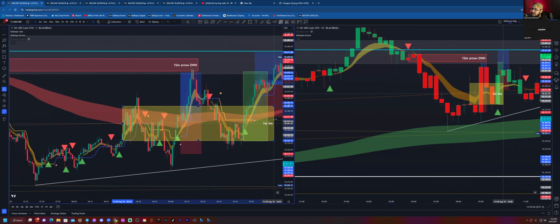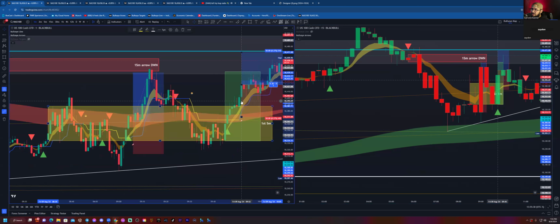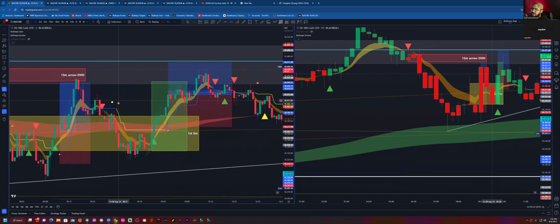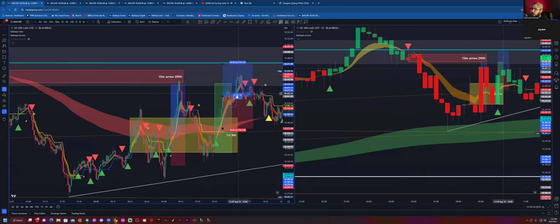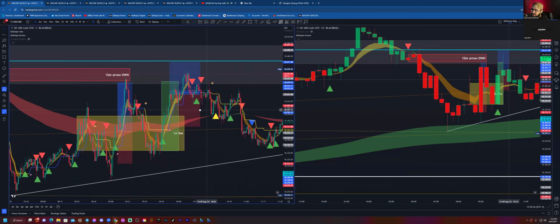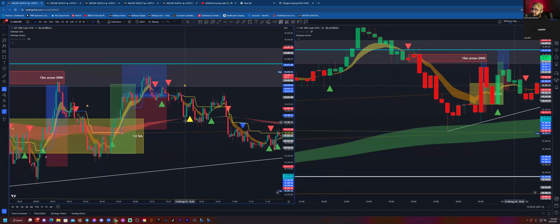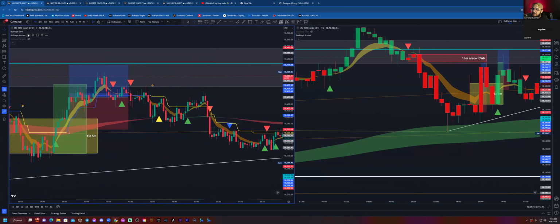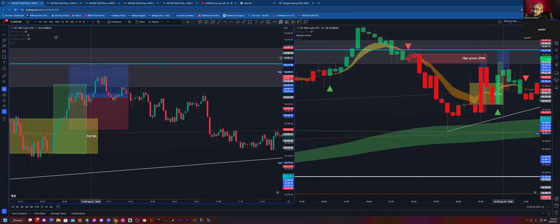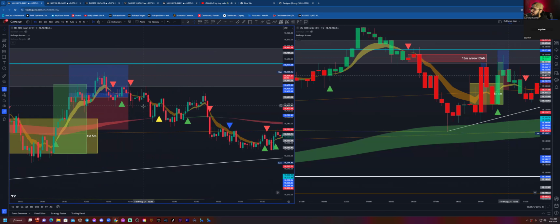Because we came and touched the first 5-minute range again, and we bounced up. So there's a rocket ship. 50-point stops don't get hit. We get knocked out. And we get a cloud flip up. Okay, we get a cloud flip up on 1 minute. So now we have a green cloud like for a second.